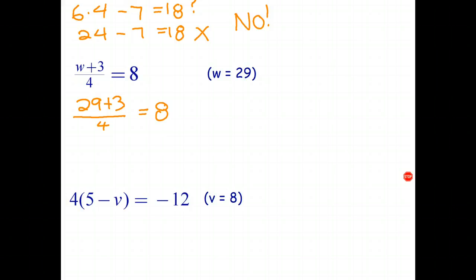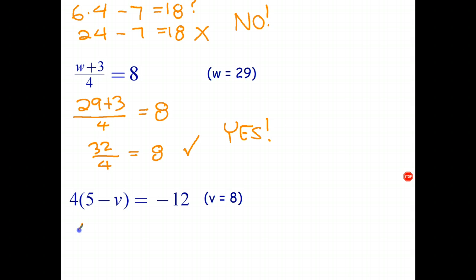Okay, now let's go ahead and check this. So first we do the 29 plus 3, which is 32 over 4 equals 8. Well, 32 divided by 4 equals 8. So in fact, 29 is the solution to that equation.